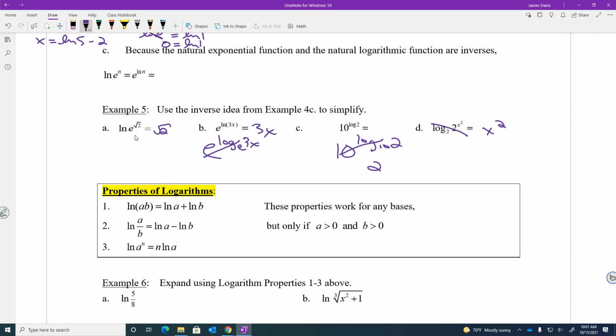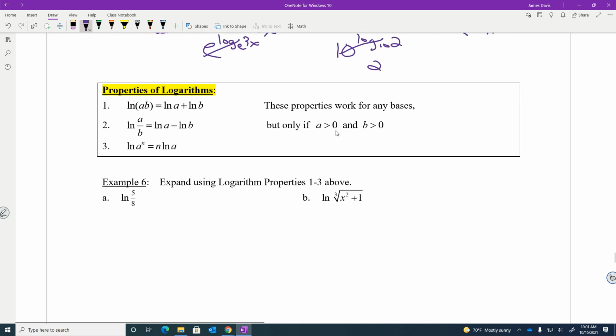And mostly, I would say you're only going to be asked to use this property that e's and natural logs are inverses of each other. This is less rare. Okay, and there's one other thing we need to say about logarithms in general, is these special properties that they have, and I showed you a little bit of this yesterday.